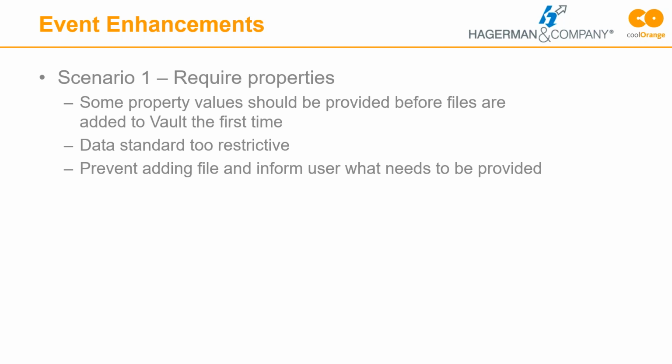The first scenario I came up with may be a bit of a stretch for powerEvents, but it's a different way of enforcing data integrity. These scenarios are all about enforcing data integrity in your Vault, meaning we need to make sure that the right information gets into Vault, or it gets in the right way, or invalid information doesn't get put in, or maybe certain workflows that need to take place are enforced.